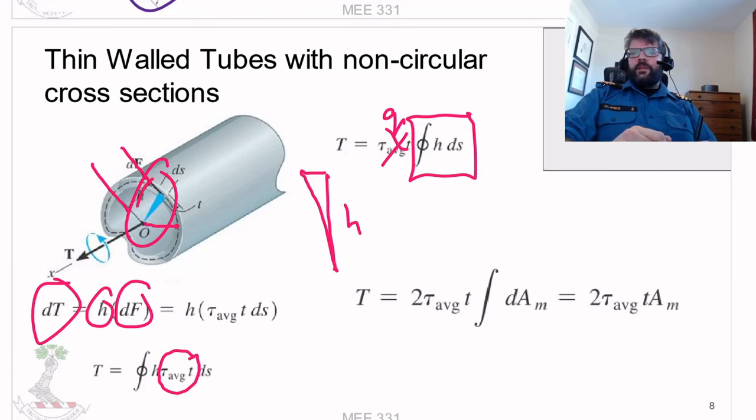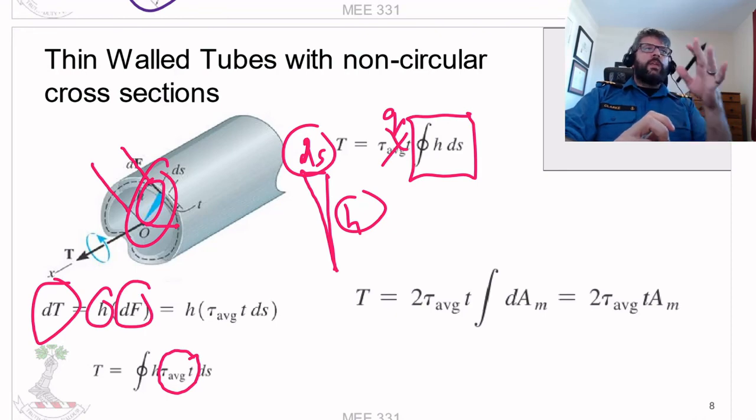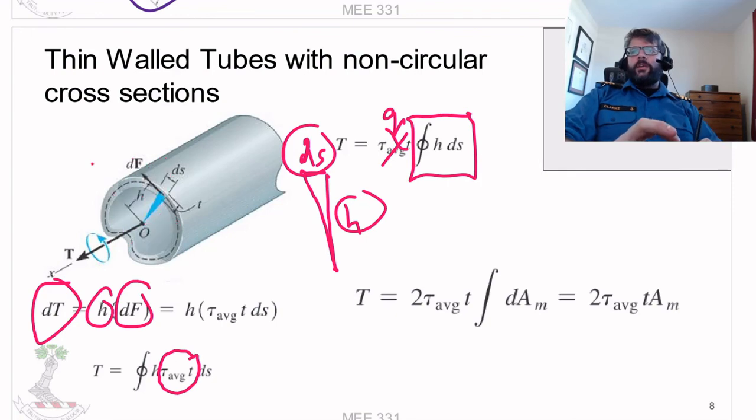That's that tiny little rectangle there. So if we want this ds times this h, then ds times h would be twice the size of that little blue triangle there.